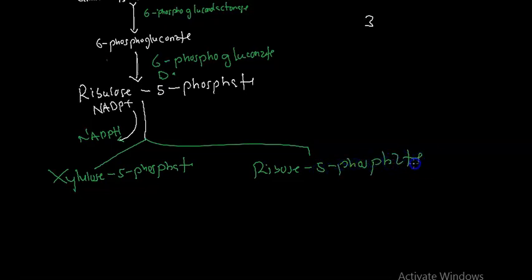And these two things happen with the help of different enzymes. The ribose 5-phosphate is converted with the help of the enzyme we call isomerase. And the conversion of ribulose 5-phosphate into xylulose takes place with the help of the enzyme epimerase.